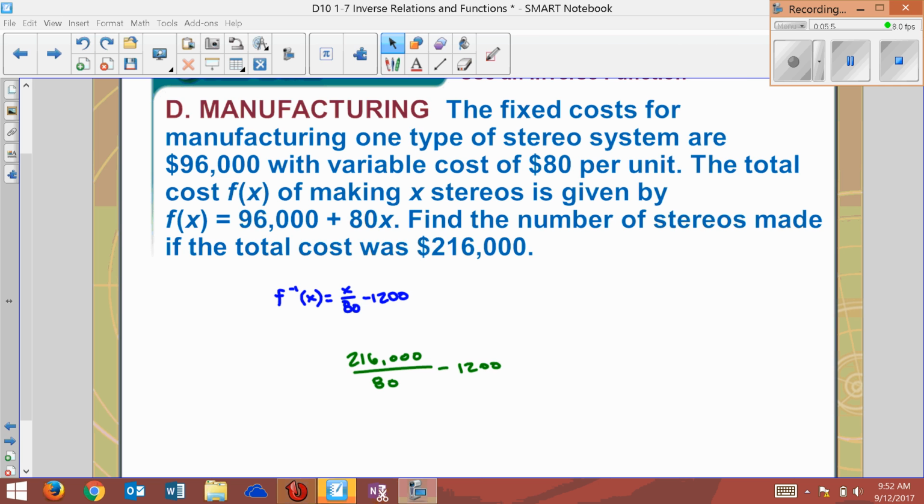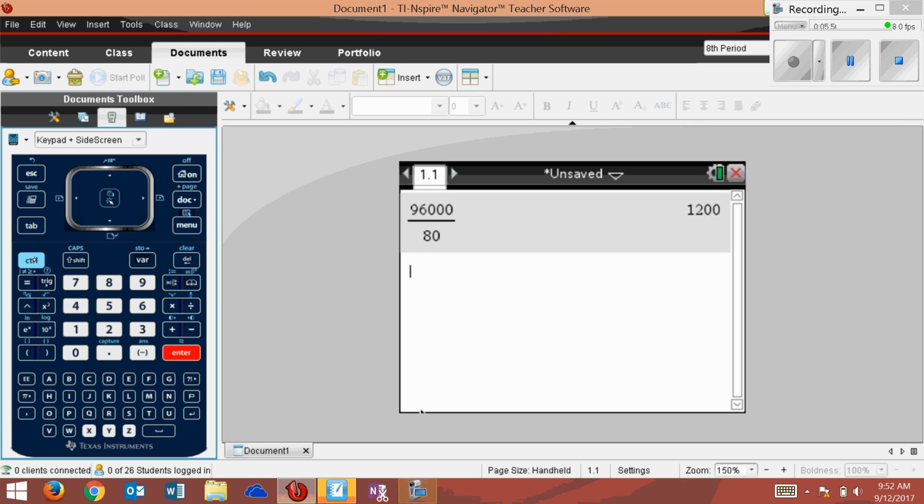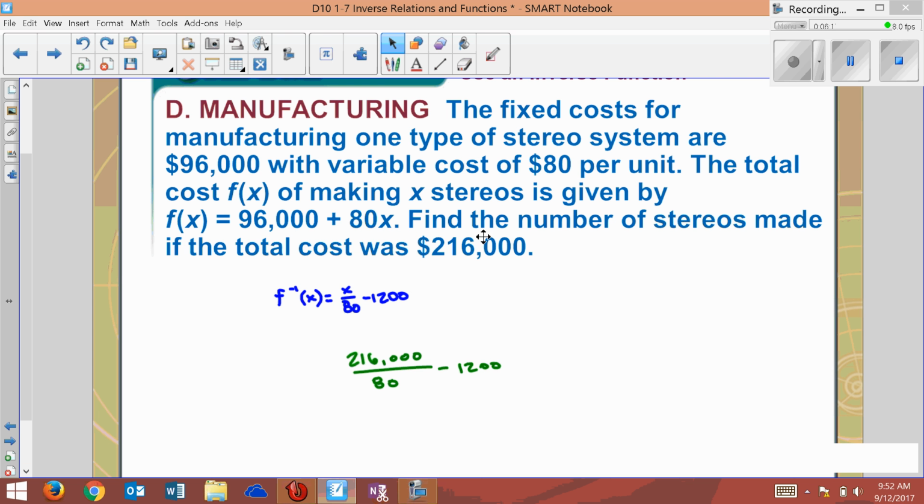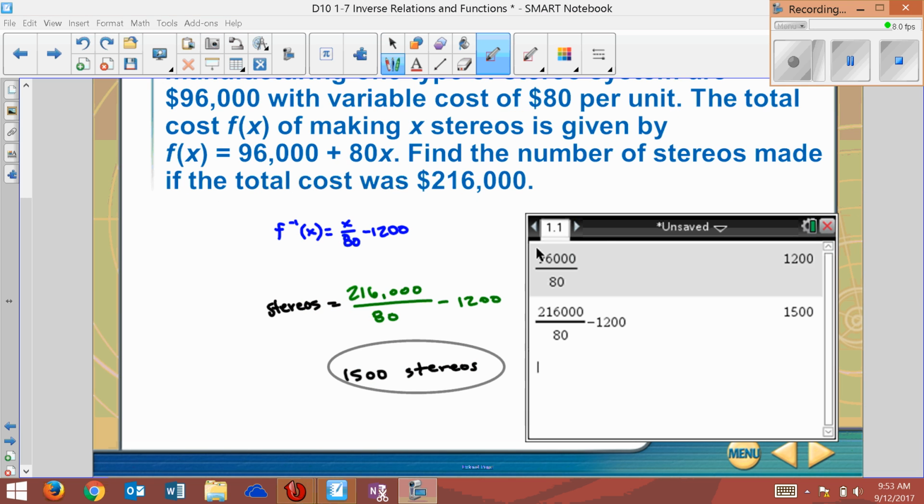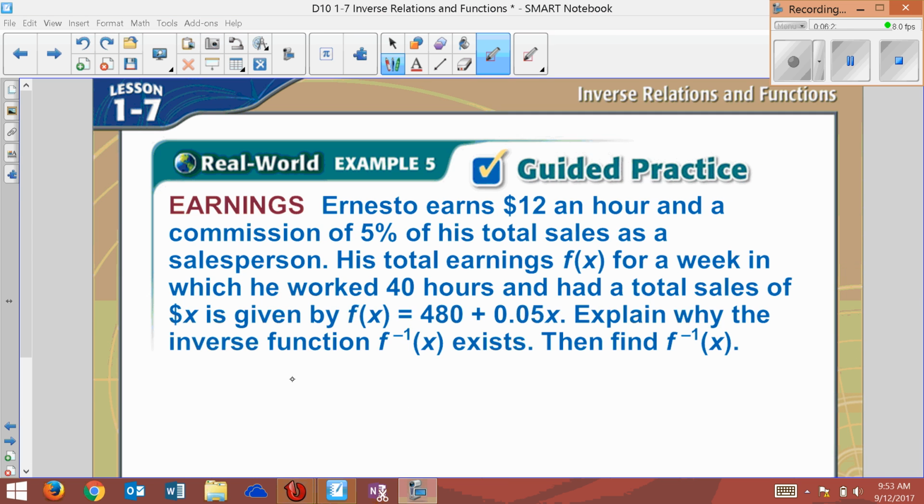So I'm going to go over to the calculator and just type this in. 216,000 divided by 80 minus 1,200, and we get 1,500. So that's how many stereos had to be made to have that cost. And there's the work for that. Now you try this one.